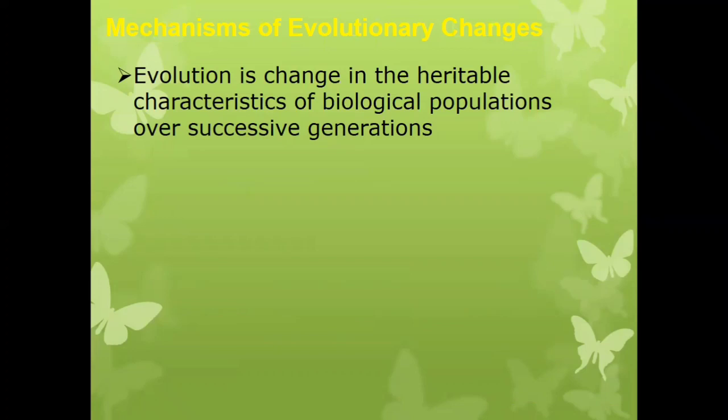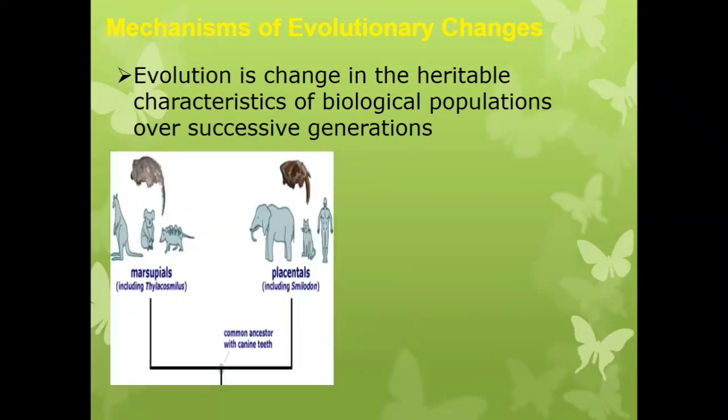So, ano nga ba yung mechanism nitong evolution? So, kung titingnan po natin sa picture, what can you see? What can you see on the picture? Something evolves in the successive generations.